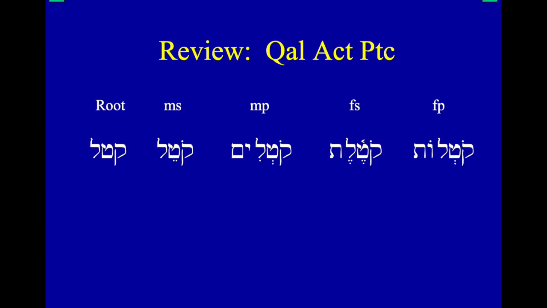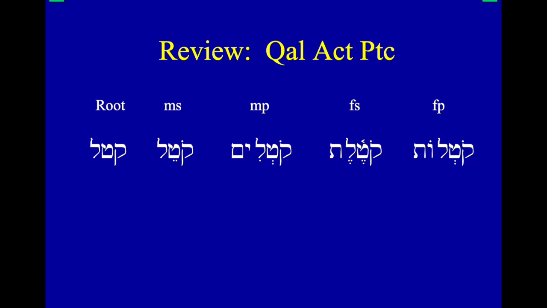So I'm going to review a little bit here. This is our Qal active participles. Remember, for our root katal, our basic root, we had kotel as our masculine singular pattern. Remember, our distinctive sign for our Qal active participle was our holem over our first radical, or sometimes a holem vav just after it.